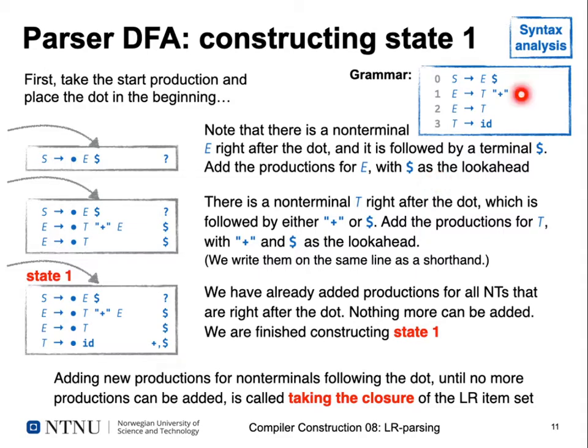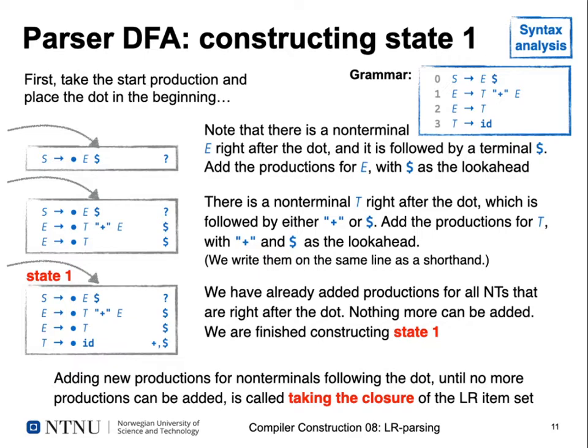So we take production number 1 and 2 in our grammar here and add them. So here we're still at the start, obviously, because we haven't consumed any token yet, and adding these productions here means after these productions we need to have the end of the input or something's wrong. And then we see that there's an additional non-terminal symbol t now, right after the dot, after we added the productions for e.